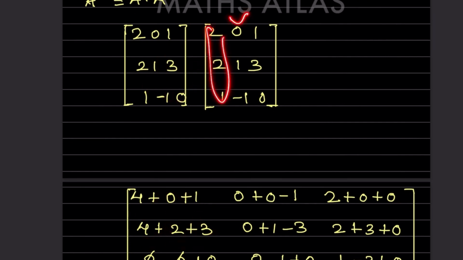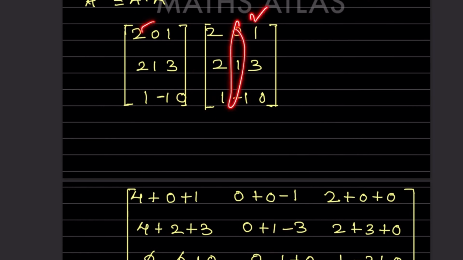Now let us take with this one, 0, 0, minus 1, then 0, 1, and this will be minus 3, 0, minus 1, and this is going to be 0. The third one, this is done.